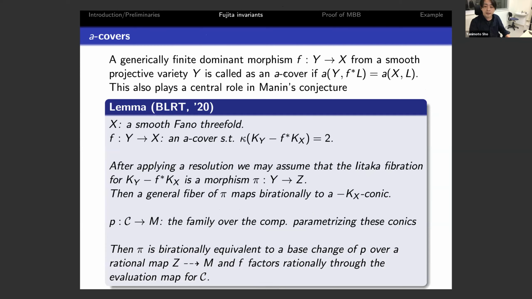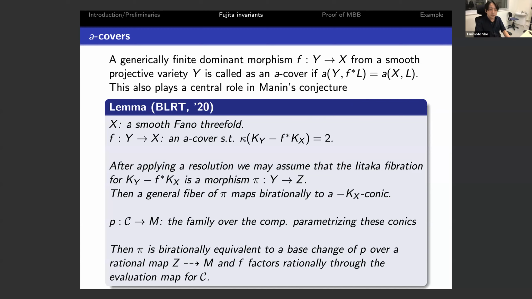This is called an A cover if the A invariants are the same. For a generically finite dominant morphism, by the ramification formula, the A invariant can only decrease. So in general it is already true that A(Y, f star L) is less than or equal to A(X, L), and when equal, we say it's an A cover. This also plays a central role in Manin's conjecture. One can classify these A covers using three-dimensional MMP.